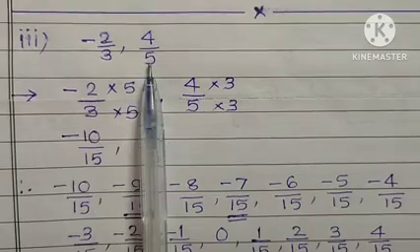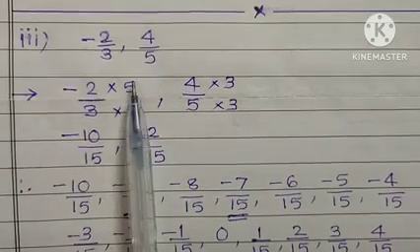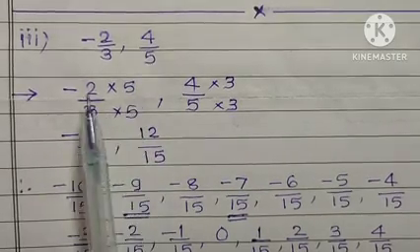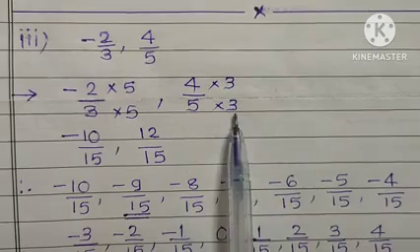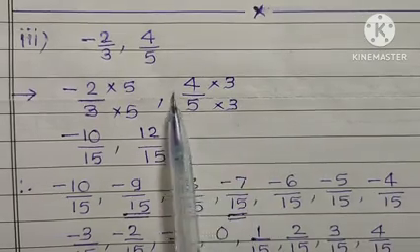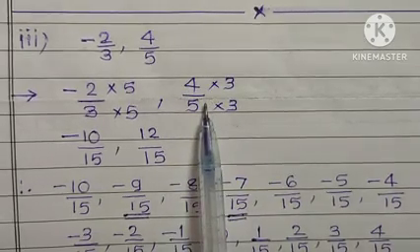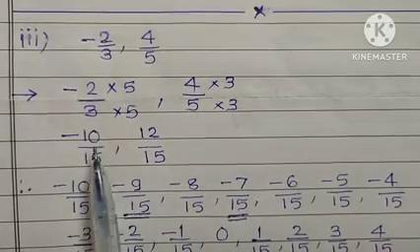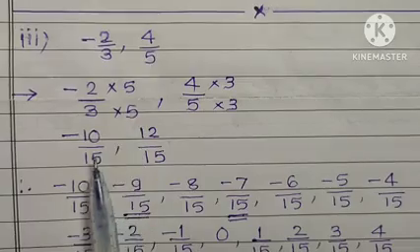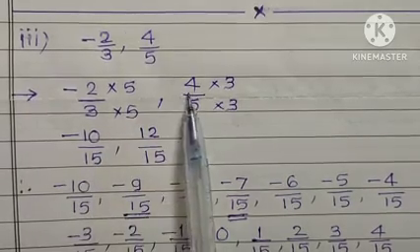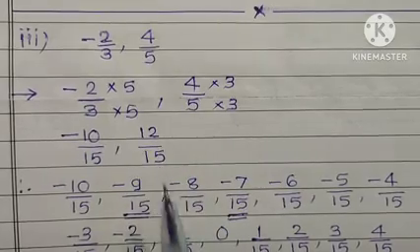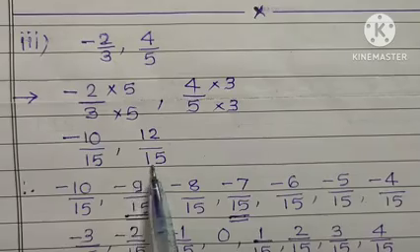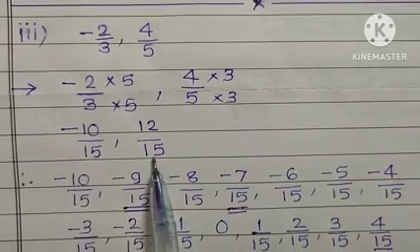So 15, 15. So multiply and divide by 5 to this rational number and multiply and divide by 3 to this rational number. What will happen? Minus 10 upon 15 and 12 upon 15. That means the denominator becomes similar.